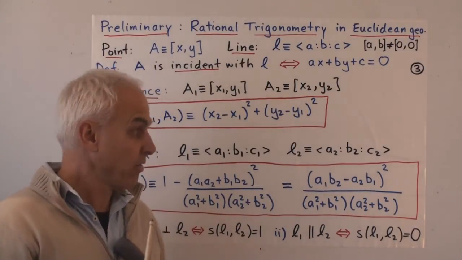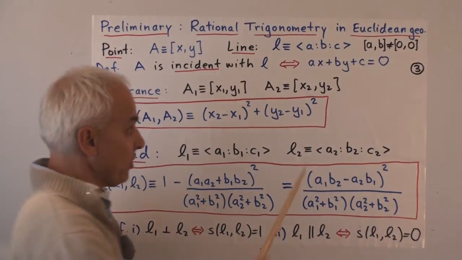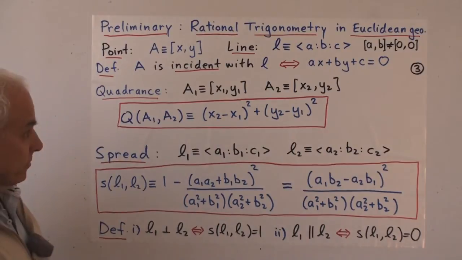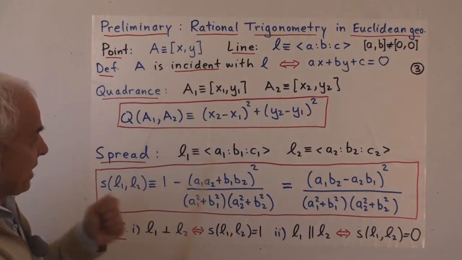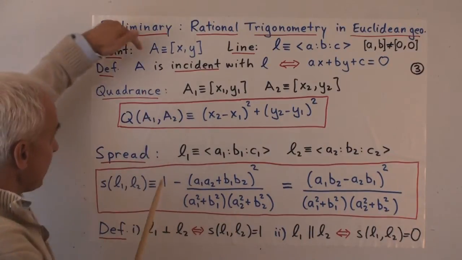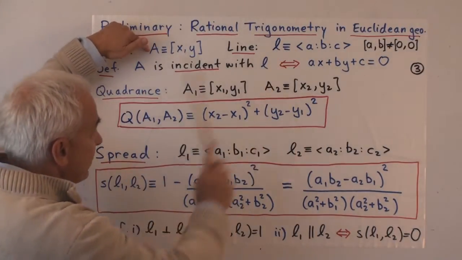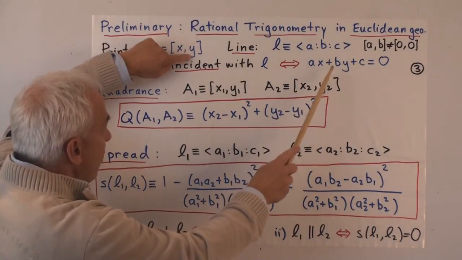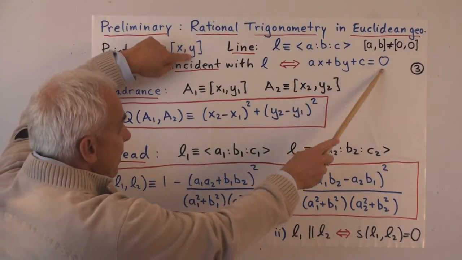One of them can be 0, but both of them cannot be 0. So a, b cannot be equal to 0, 0. And we connect this with our usual equation of the line by this definition of incidence. We say that this point is incident with this line precisely when a times x plus b times y plus c equals 0.